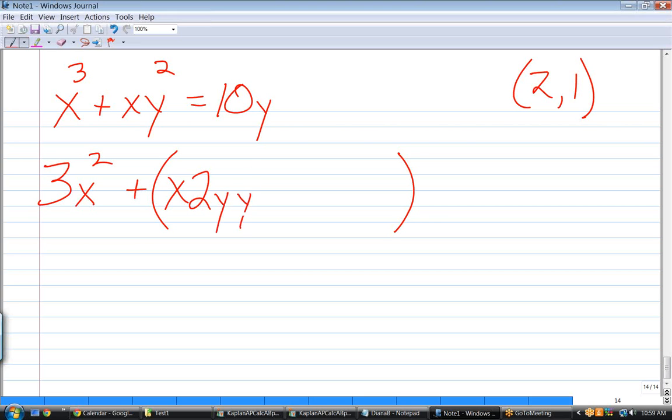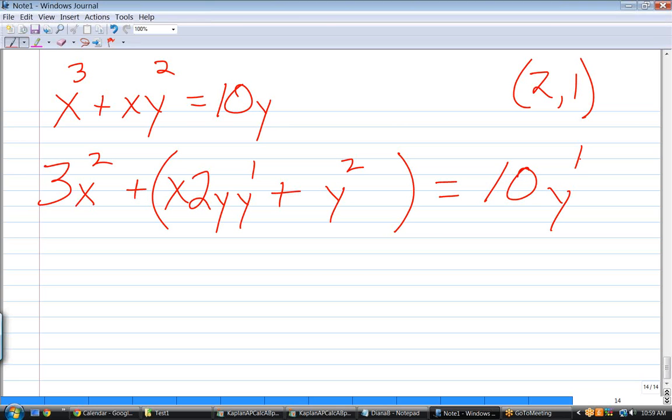There you go. And then plus y squared, because x, exactly. And then the right side? Because if I'm going to differentiate the left side, I've got to differentiate the right side also. 10y prime.